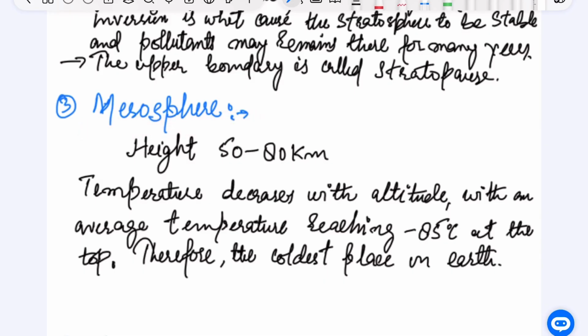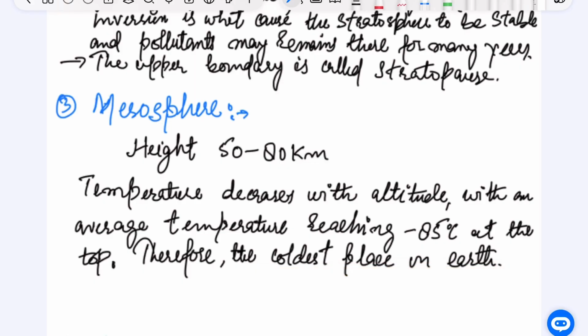The extent of the mesosphere is from 50 to 80 kilometers. Temperature in the mesosphere decreases with altitude, reaching an average temperature of -80 degrees Celsius at the top. Therefore, it is the coldest place on the earth.